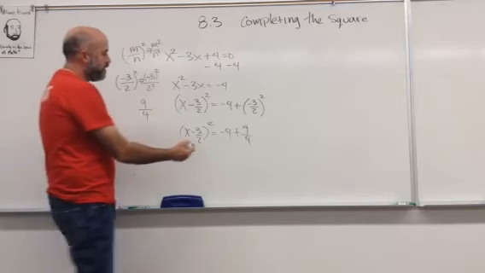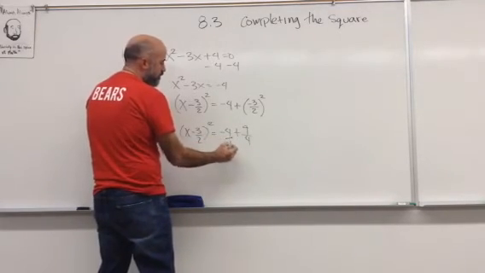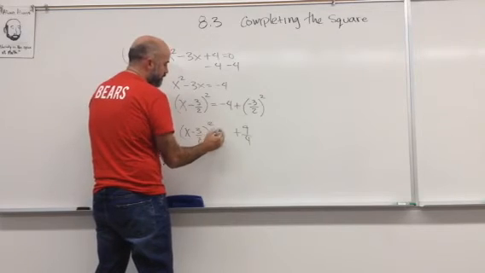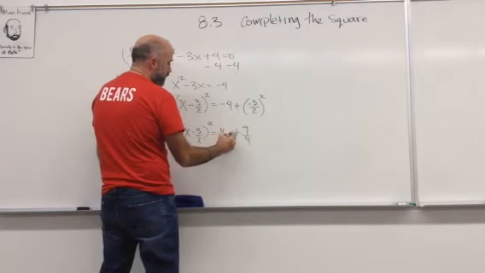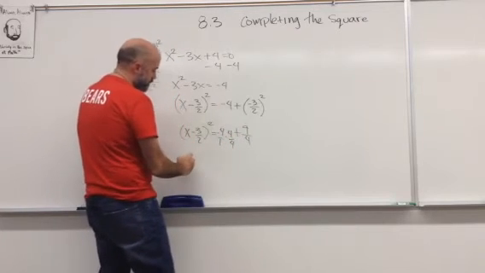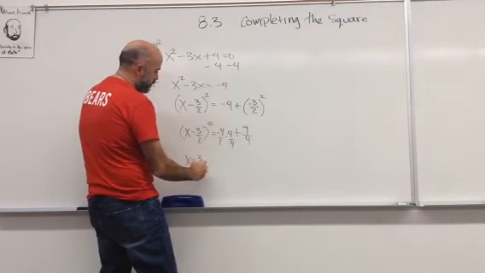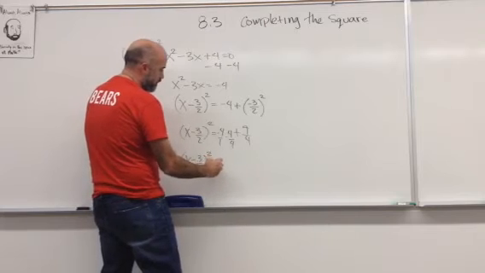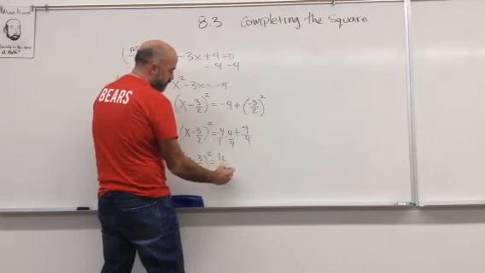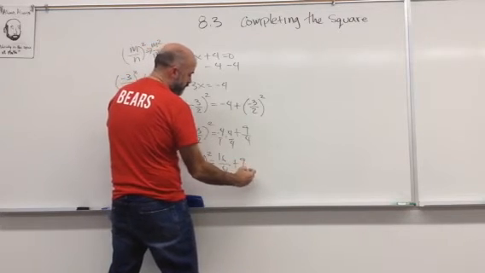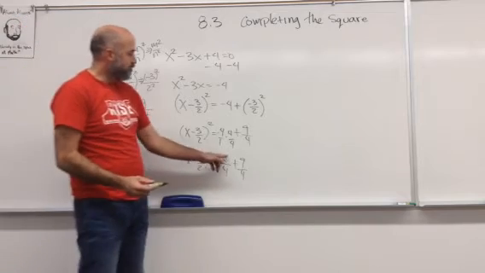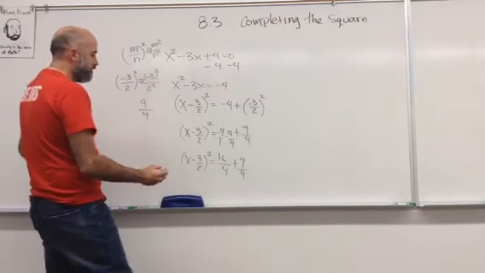Negative 4 is negative 4/1. We need to get a common denominator, so I'm going to multiply negative 4/1 times 4/4. Negative 4 times 4 is negative 16/4 plus 9/4.